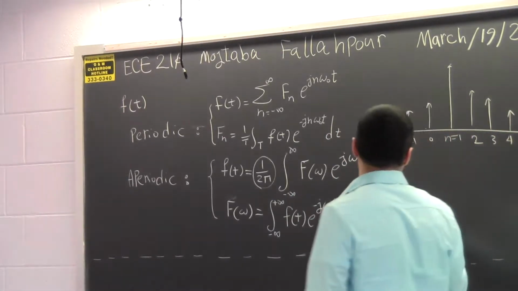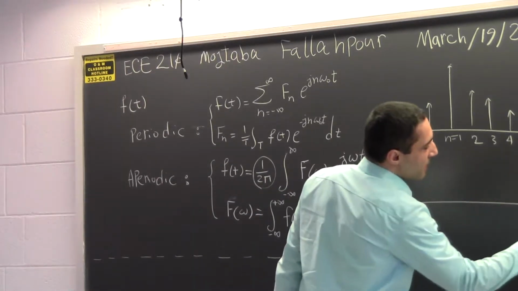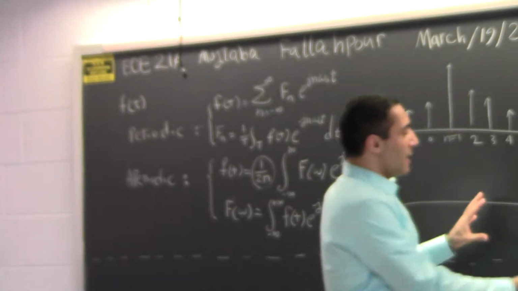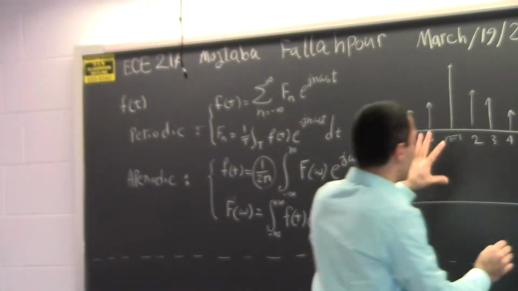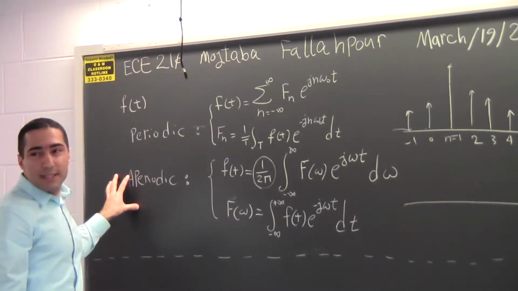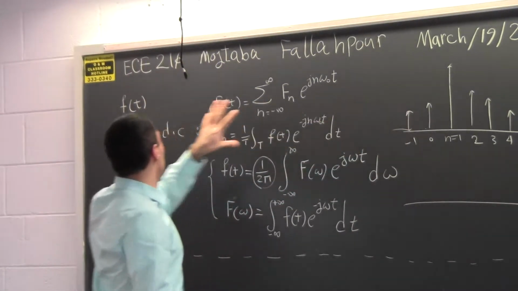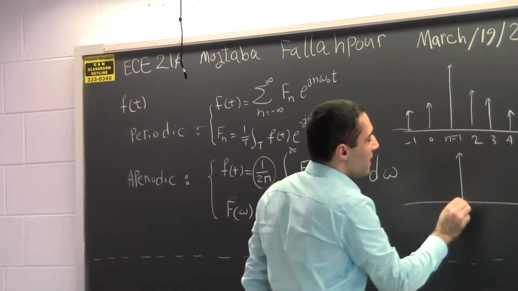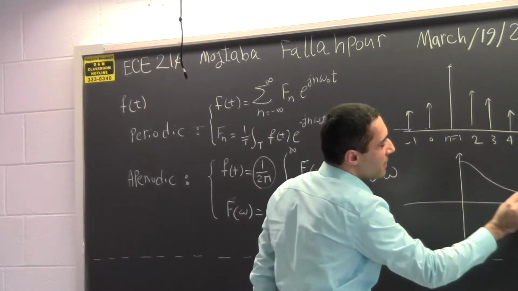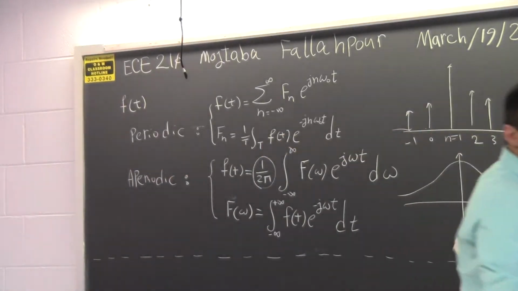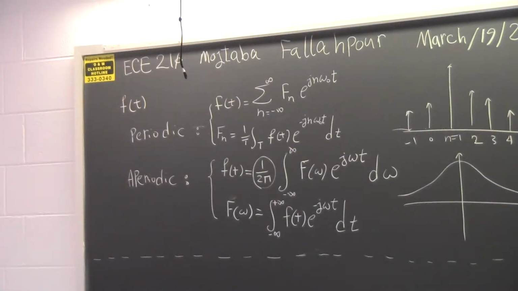Then what we learned here was, if you have a periodic signal, we should expect, if this was a quiz, you should expect that this cannot be assigned to an aperiodic signal. This goes to a periodic signal, right? If it was aperiodic, then this should have been like this, continuous, right? So periodic, discrete; aperiodic, continuous. And this is omega.